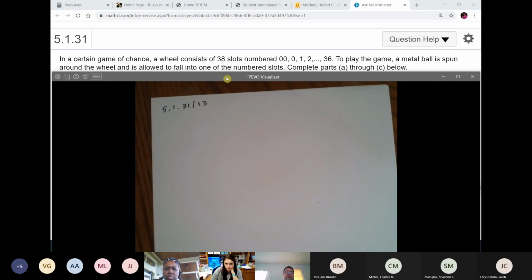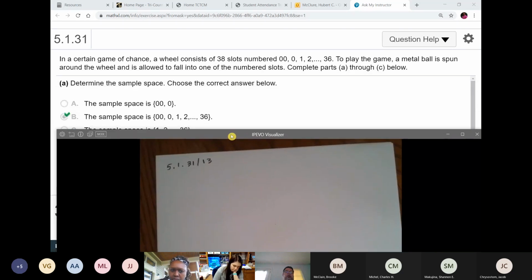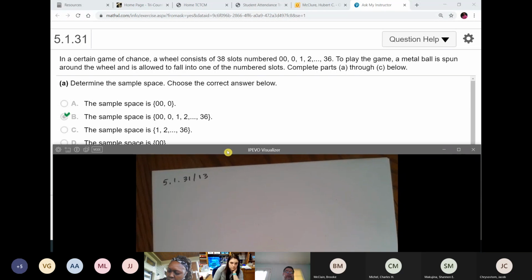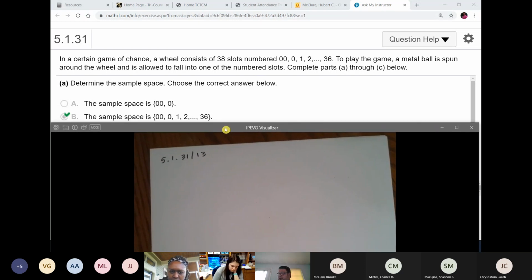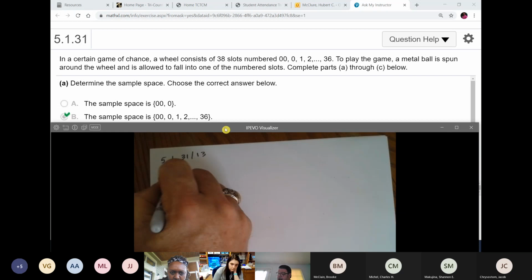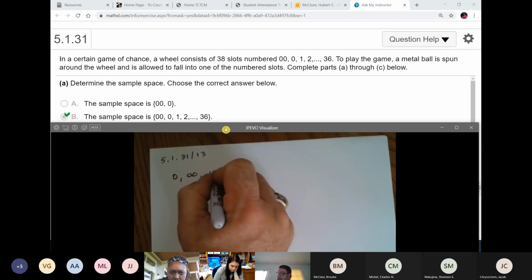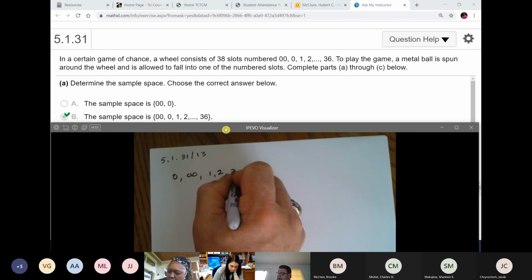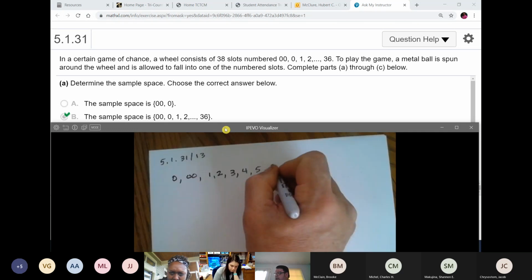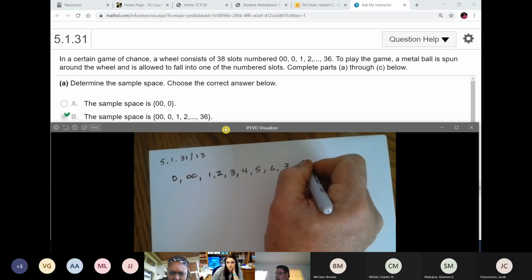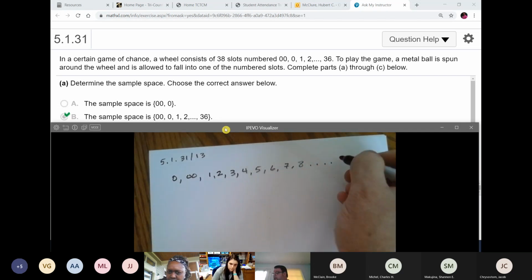And the first question says, what is the sample space? Well, that's pretty simple. The sample space is 0, 00, 1, 2, 3, 4, 5, 6, 7, 8, all the way up to what? 36.